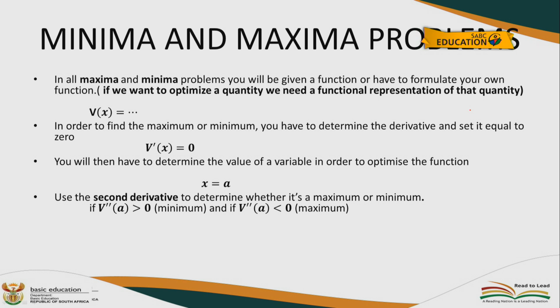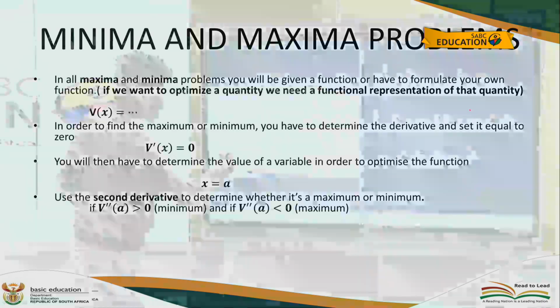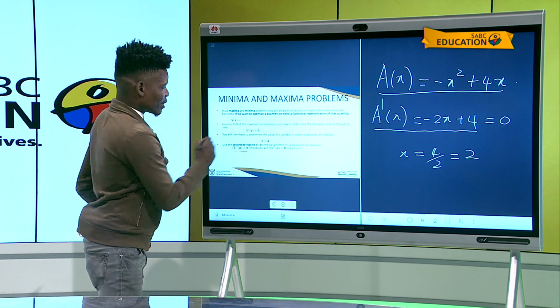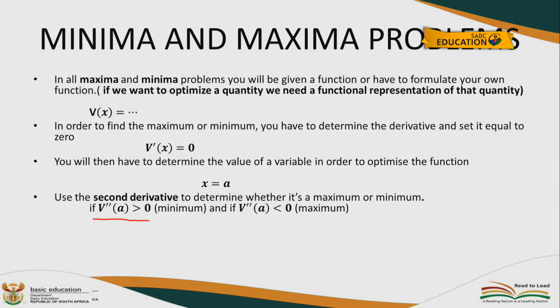So I can always check, and to do that, we are going to find the second derivative, and then you substitute the value of x where you expect to have this minimum or maximum into the second derivative. If your second derivative is greater than 0, that means that you are going to have a minimum quantity. And if your second derivative is less than 0, it means that you have a maximum quantity.